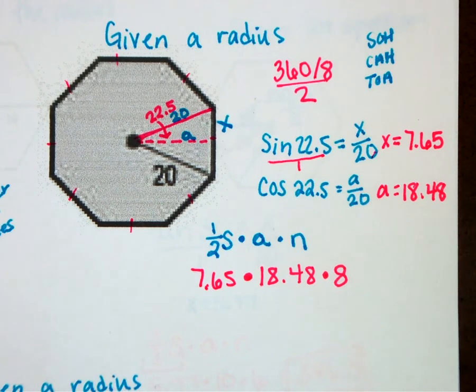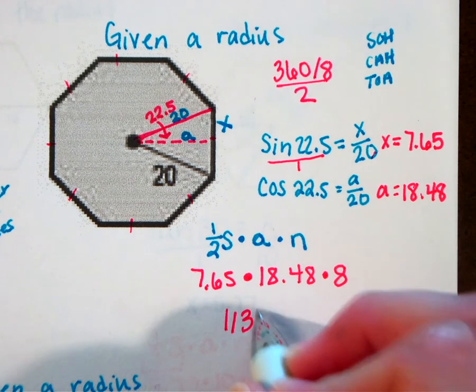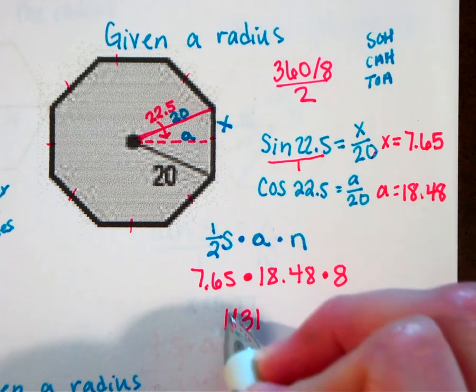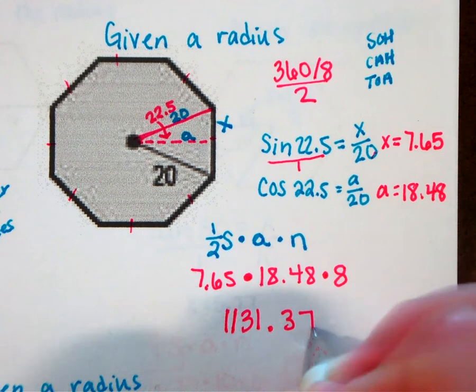Now again, your answer might be a little bit different from mine because I'm using the exact answers. These are rounded answers, so I'll give you my exact answer and then maybe what yours would be if you rounded. Okay, so final answer here, 1131.37.